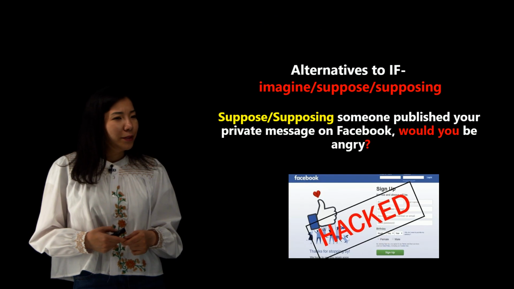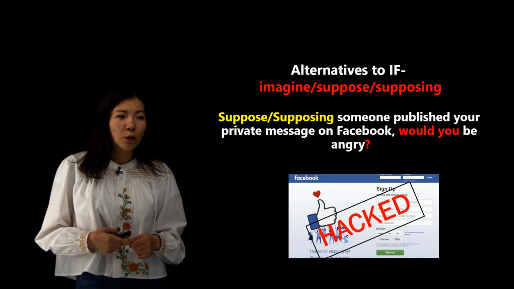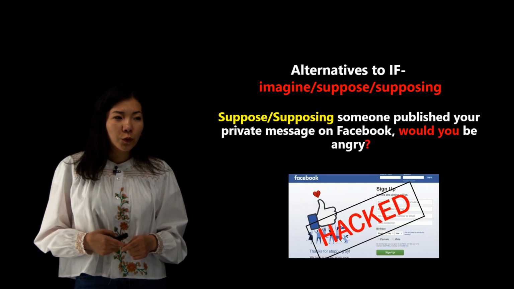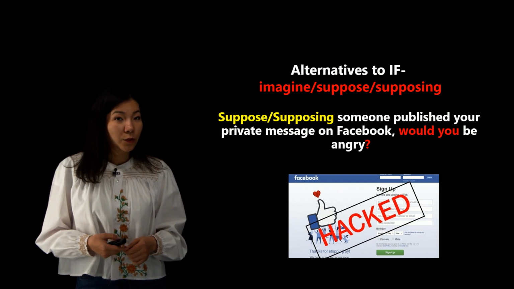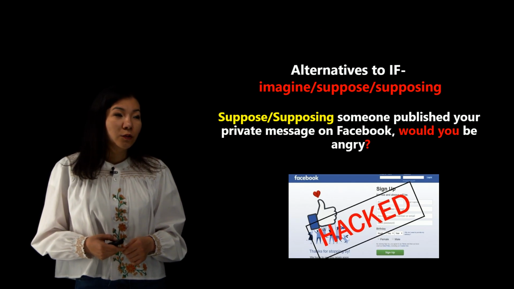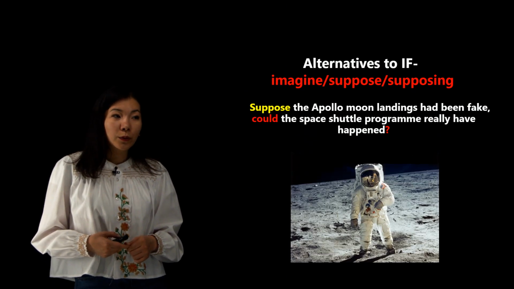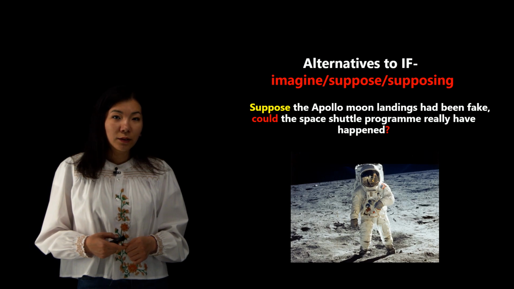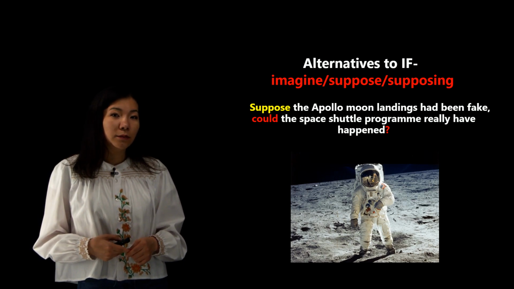Okay, so suppose someone published your private message on Facebook. Would you be angry? Of course you are, right? Next one. Suppose the Apollo moon landing had been fake. Could the space shuttle program really have happened?